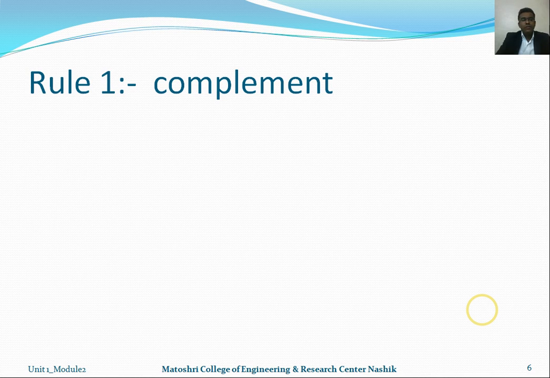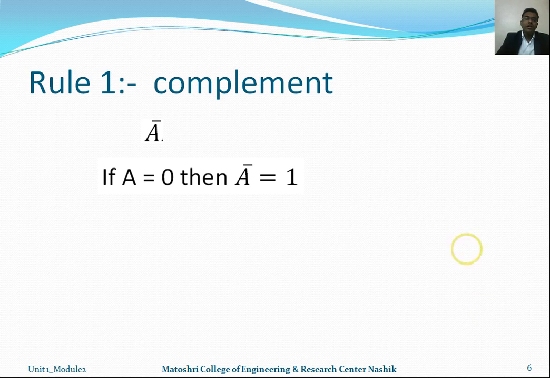The first Boolean algebra rule is the complement. As the name indicates, it is a complement. Whatever the input value is, the inverted output is generated. If the input A value is 0, then obviously the output is the complement of A, which we indicate here as A bar.